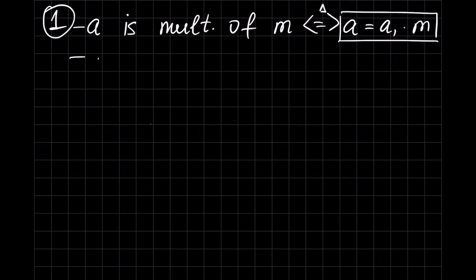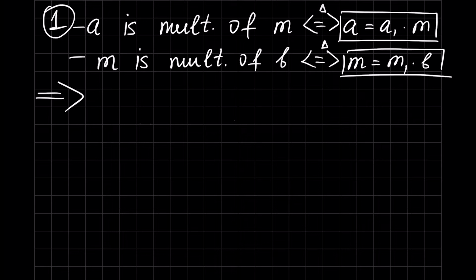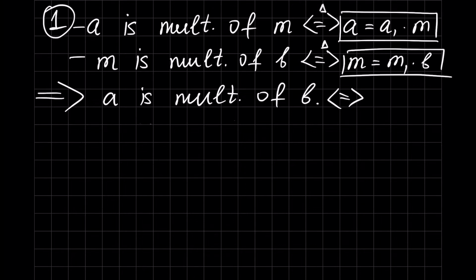Also assume that m is multiple of number B. By definition, this means m is equal to m1 times B. Then, in this case, A is multiple of B. A is multiple of B means A must be equal to B times some number Q.